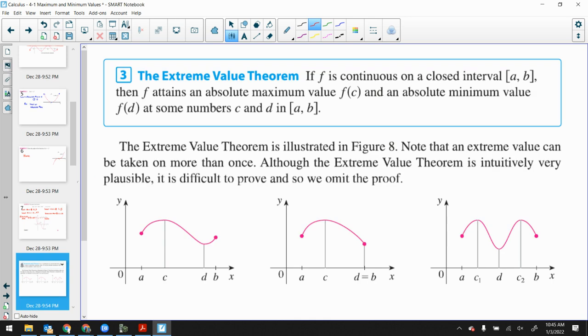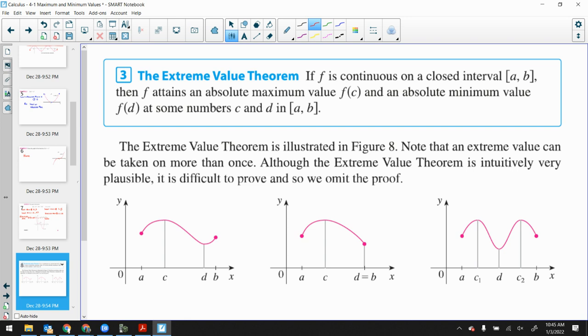Okay, so now we have what's called the extreme value theorem. When we talk about local and absolute maximums and minimums, we can characterize those as the extreme values of the function.